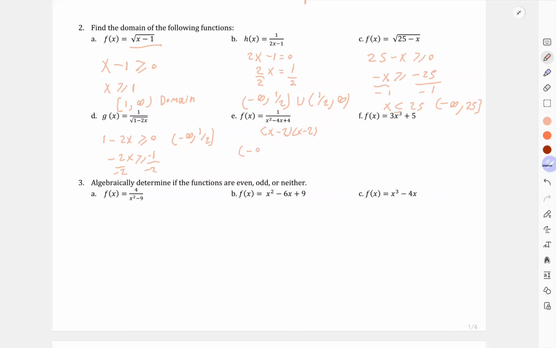So negative infinity to 2 and 2 to infinity. All right, let's go for this one. Now this is a cubic function. Cubics are just negative infinity to infinity. They always go like this.